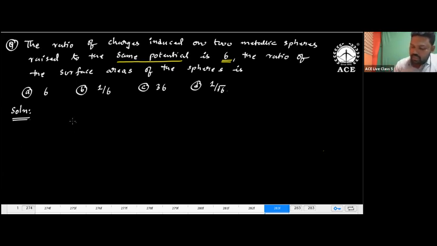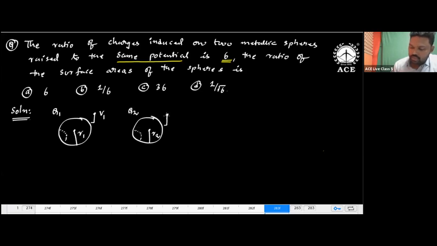Let us have some rough diagram here. Here is a sphere. It is having a radius R1, and the charge on this one is Q1. This is raised to the potential V1. There is one more sphere. It is having a radius R2, and the charge on this one is Q2.